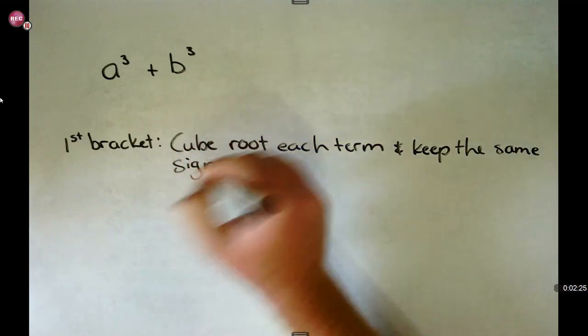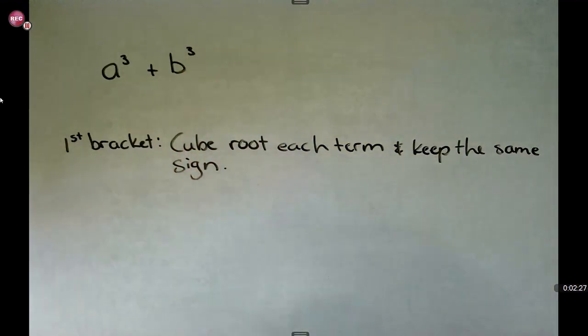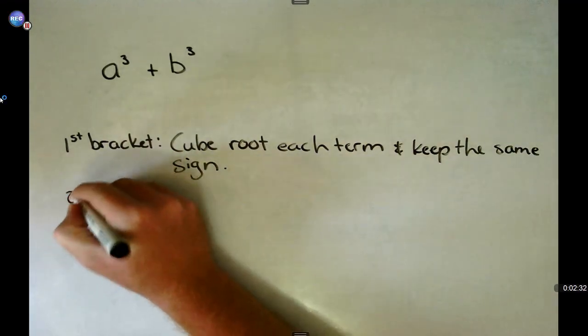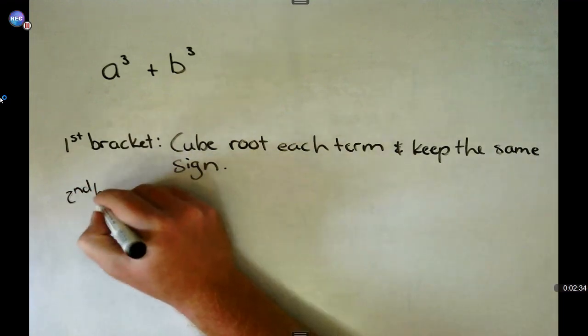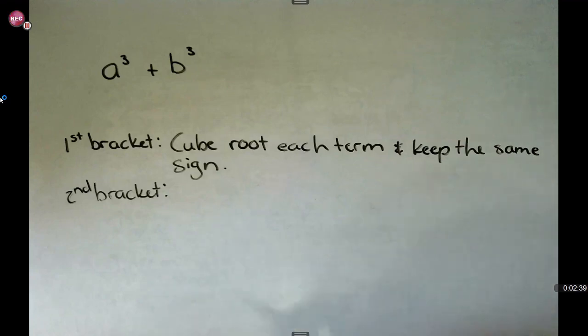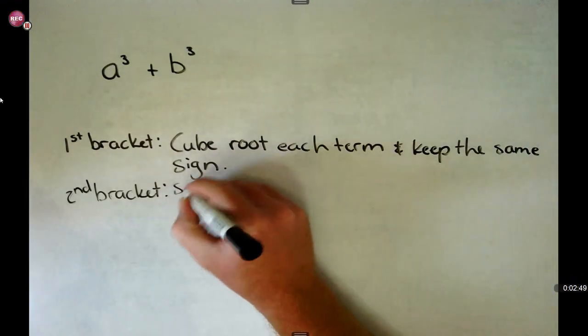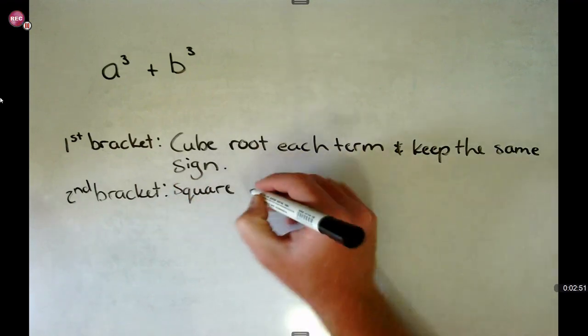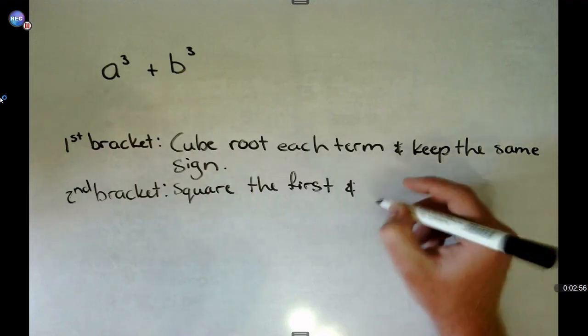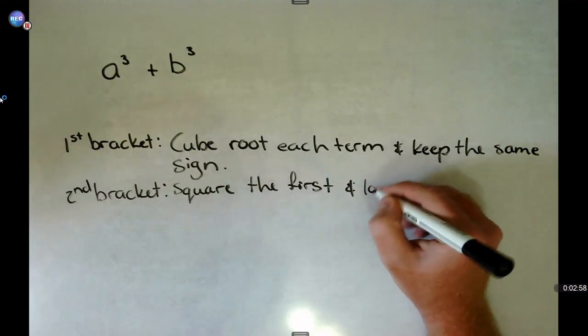Okay. Then, secondly, is the second bracket, and this is what the second bracket must have in it. So let me just write it down. Second bracket, there we go. To form the second bracket, we now need to square the first and the last term.